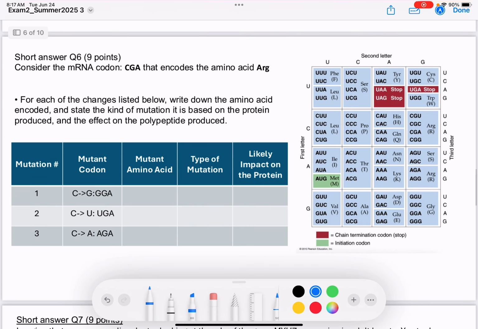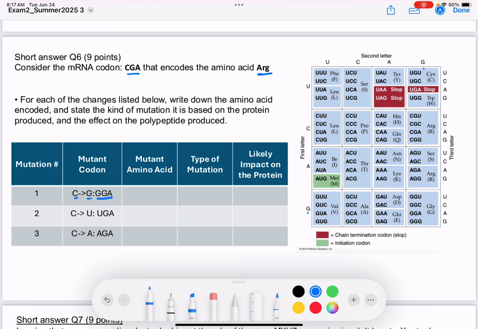All right, next was to look at some codons, figure out what the mutant amino acid would be and what would happen to the protein. So here we have the mRNA codon CGA, and that encodes for arginine. Here we have a mutant codon where instead of a C, it's a G in that location. So we have GGA.